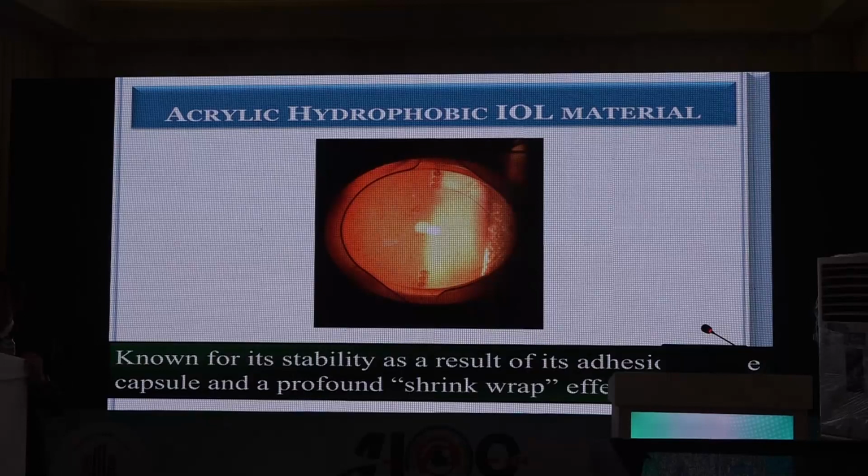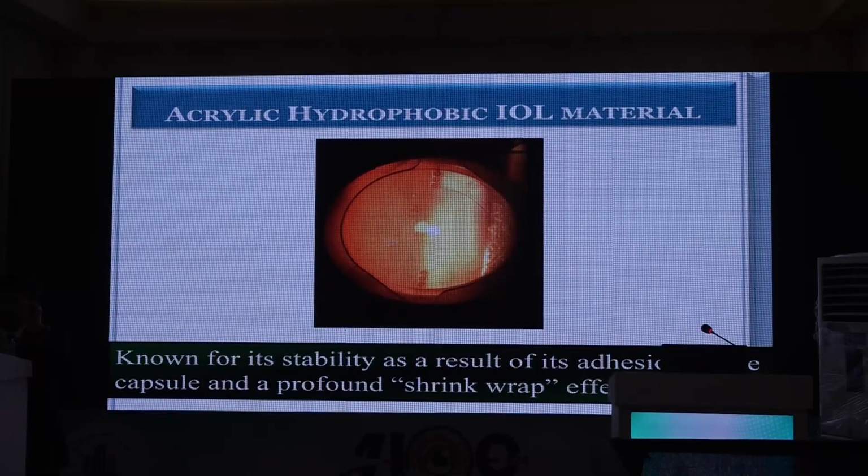Having said that, these are all expensive equipments, and if you don't have them, it doesn't make much of a difference, because studies have shown that appropriately done manual marking is comparable to all these digital marking methods. And as Vanashri was mentioning, the current generation hydrophobic IOLs have that shrink wrap effect.